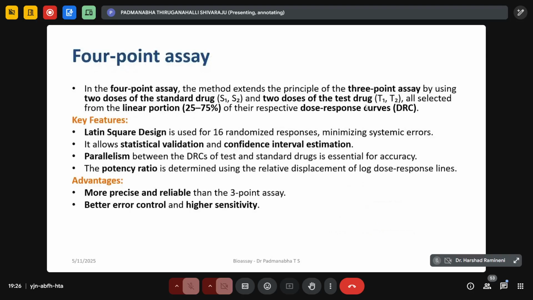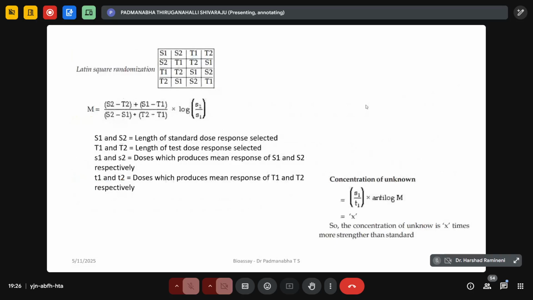So whenever we are asked which assay has the higher sensitivity, more accuracy and lesser bias, your answer should be multiple point assay. The 4-point assay is more superior to the 3-point assay in terms of precision, reliability and sensitivity.